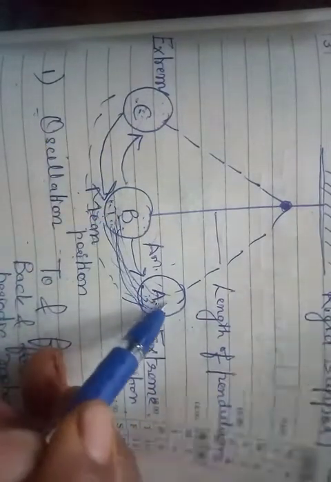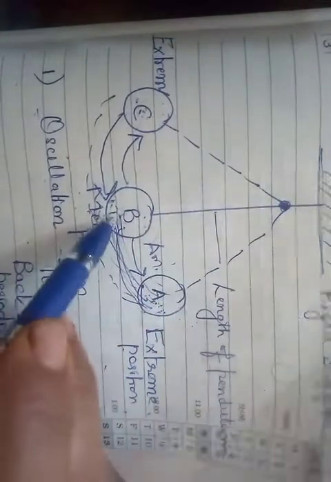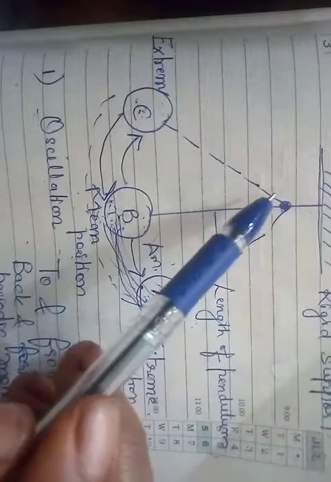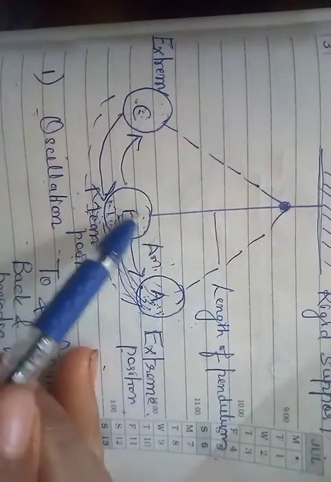When it reaches the highest height, that position is called extreme position, and the center position is called mean position.